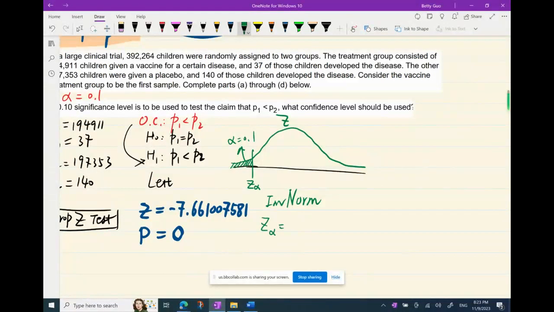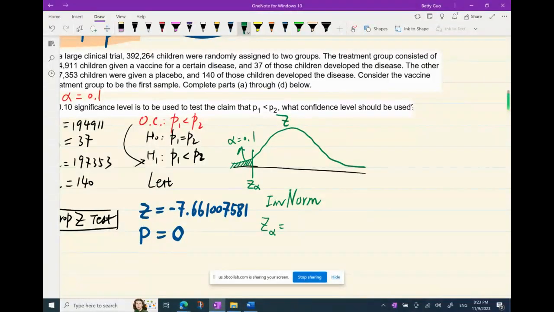We go to second VARS, number 3, inverse norm. Again, the area has to be the area of the region to the left of the z-score, accumulating from negative infinity all the way to Z sub alpha.